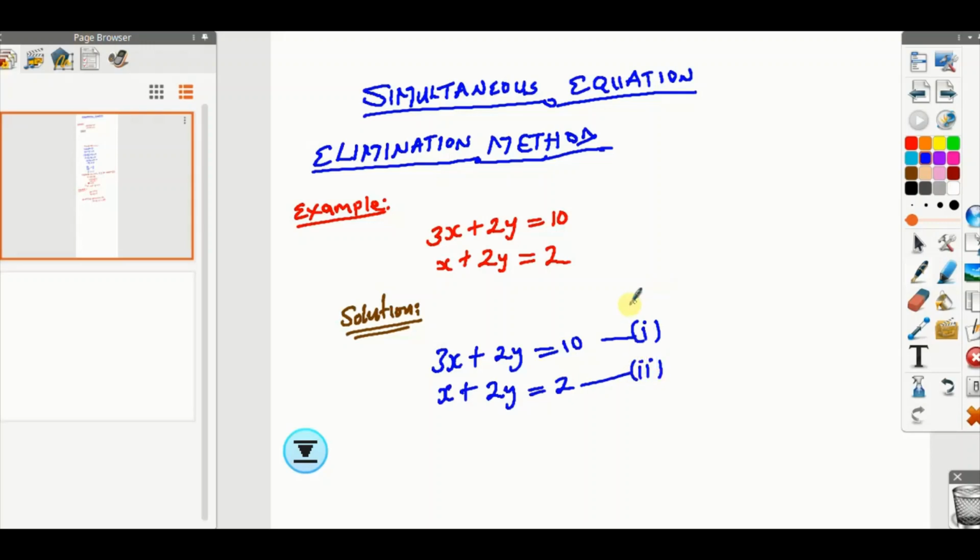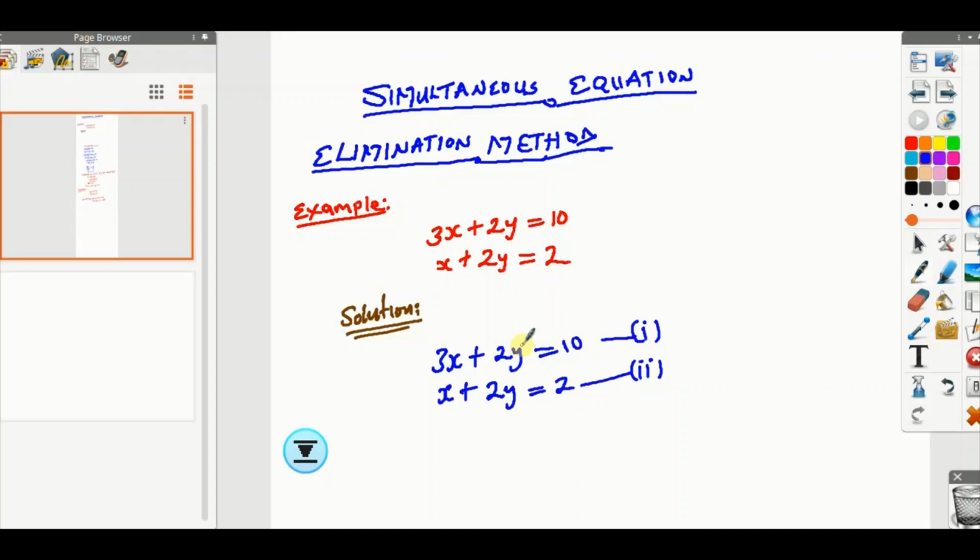By elimination method, we have the coefficient of x here as 3, coefficient of y here as 2, and in equation 2 we have the coefficient of x as 1 and the coefficient of y as 2.